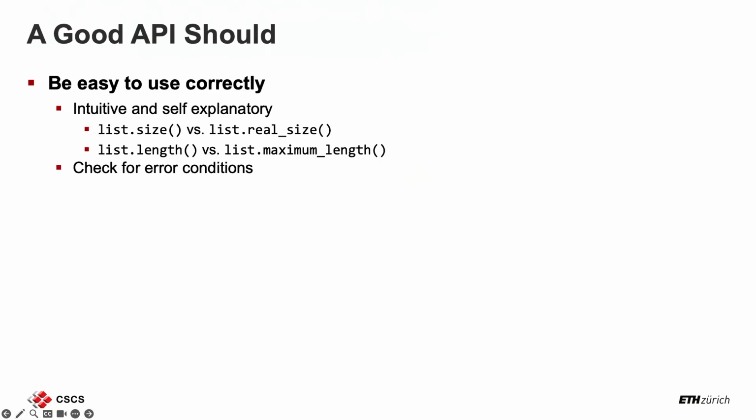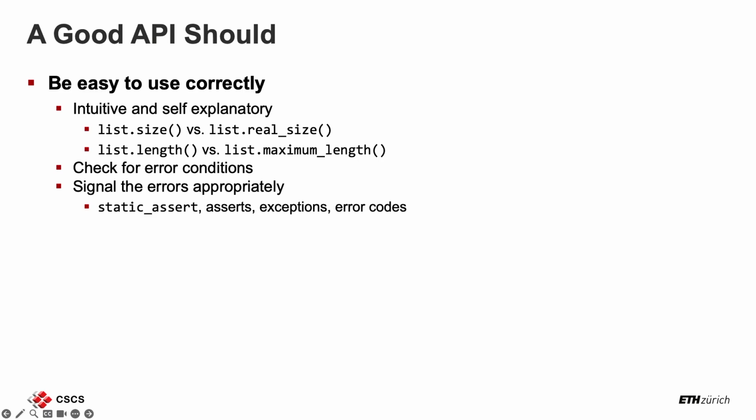We need to check for error conditions and signal the errors in the right way. Now, there are many tools in which you can do this: asserts, exceptions, error codes, static asserts, we'll see. So there are many ways. It's very difficult to decide on good error handling, because it's not an easy decision to make.